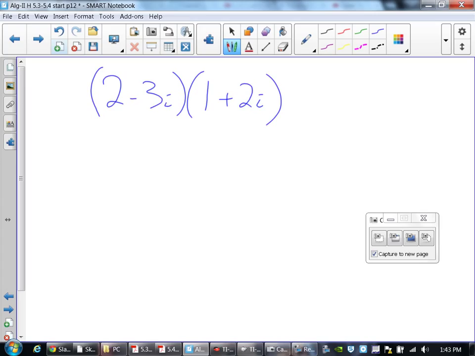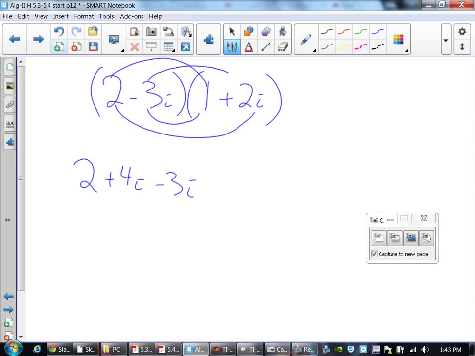But yet there's one twist at the very end. Exactly. First, 2 times 1 is 2 times 2i. And then what's going to be negative 3i times 2i? Negative 6i squared. Good.